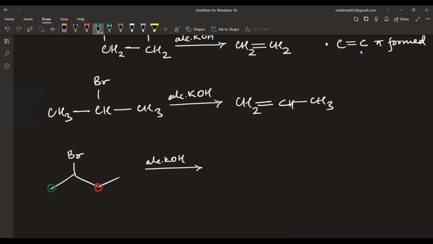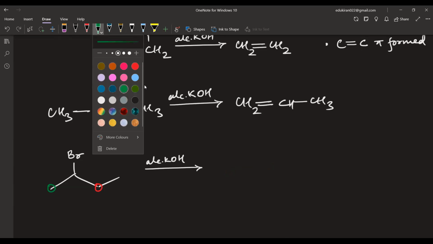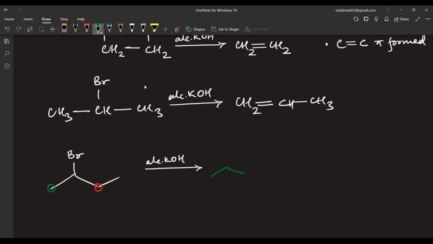To make the green one, there will be a double bond like this. And the red one will be like this. Here we have the double bond here and here.